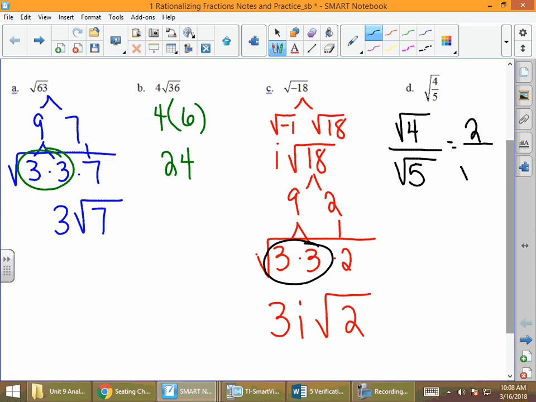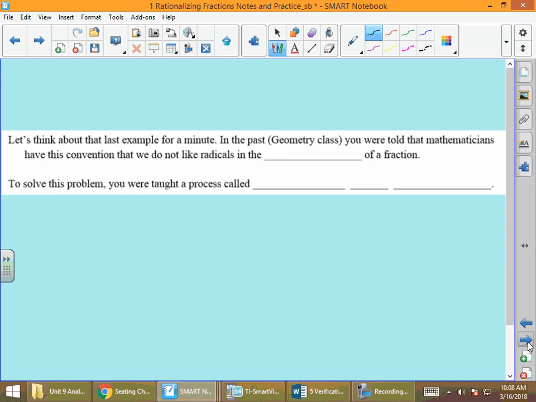No. And when we were learning to simplify radicals earlier in the year, we left the answer in that form. But in general, mathematicians don't like leaving a radical symbol in the denominator. Let's think about the last example for a minute.